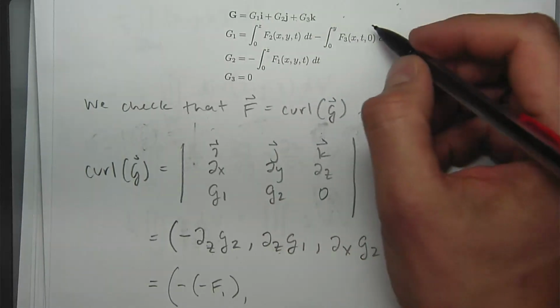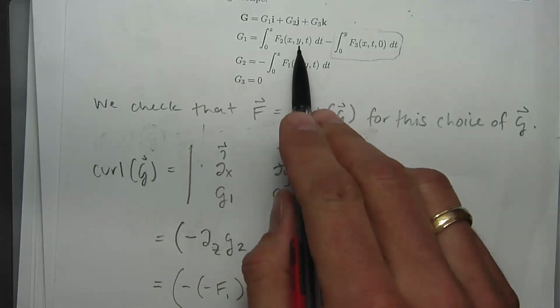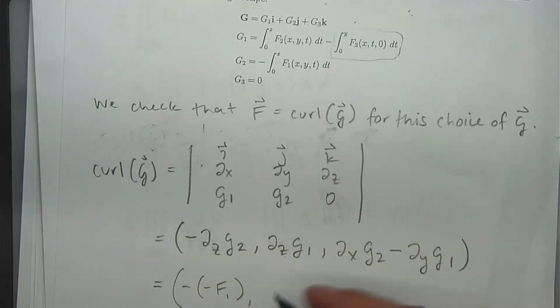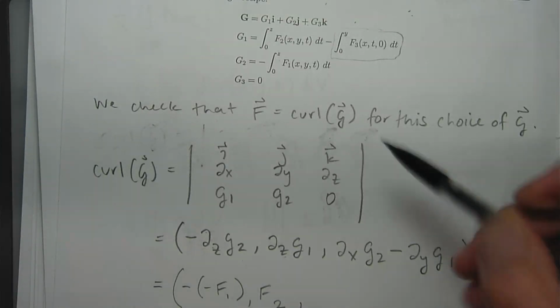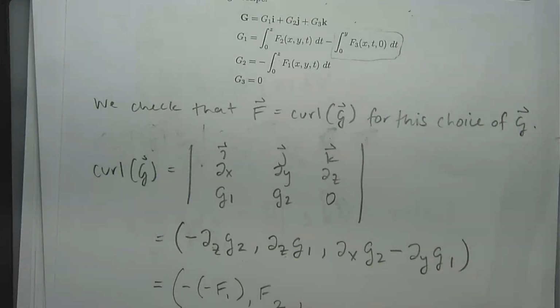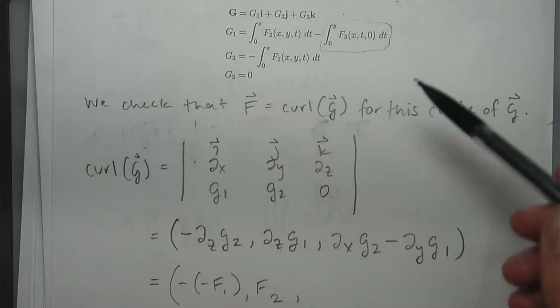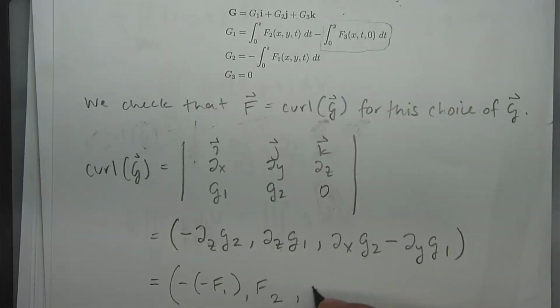Notice that this is constant in Z, so we don't pick up any Z's here. All we get is F2. Okay. And then we're left looking at this term.